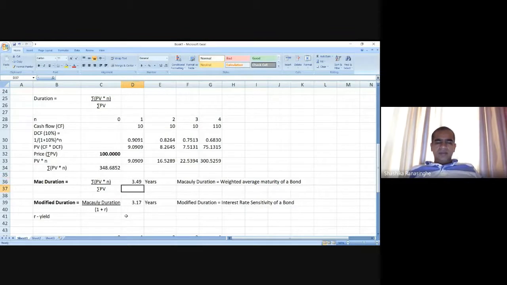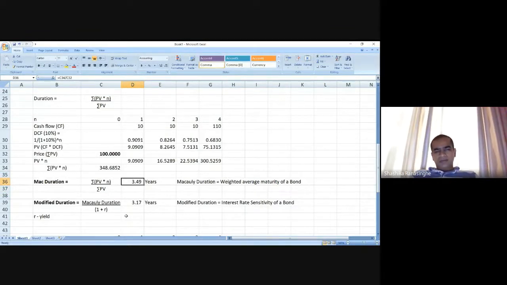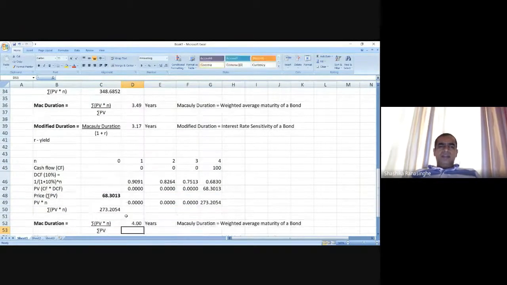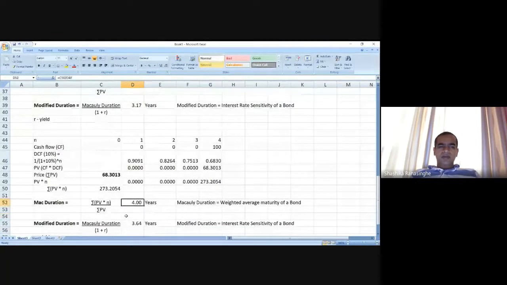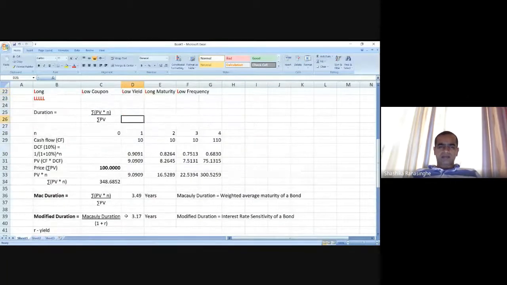Right? So if this bond was a zero coupon bond, and if it had a Macaulay duration of 3.49, remember Macaulay duration is equal to its maturity. Maturity will also be 3.49.